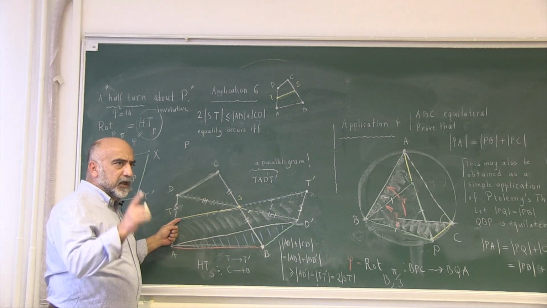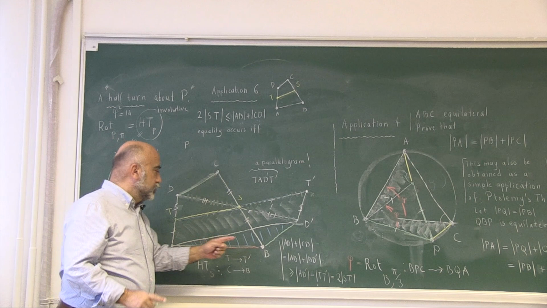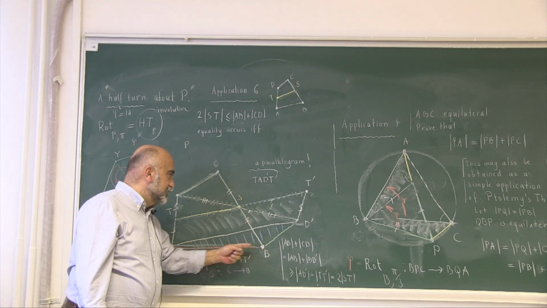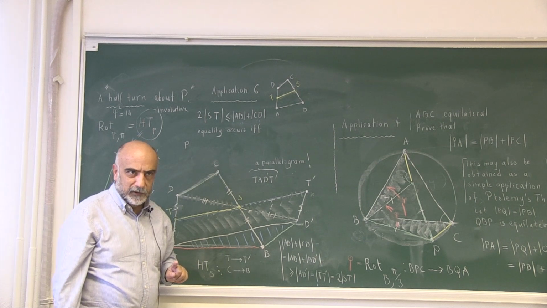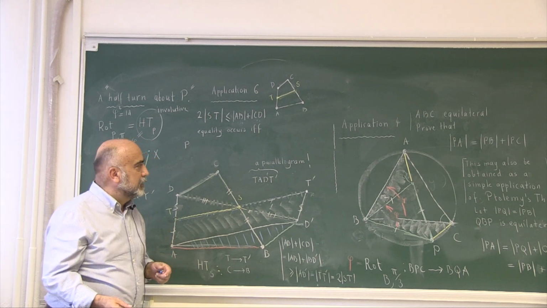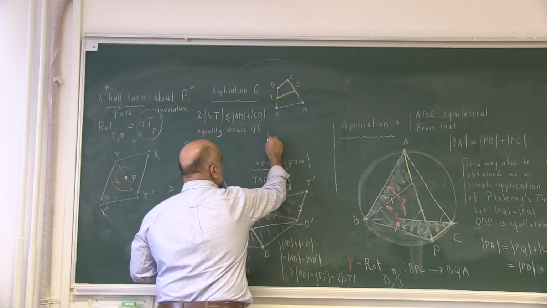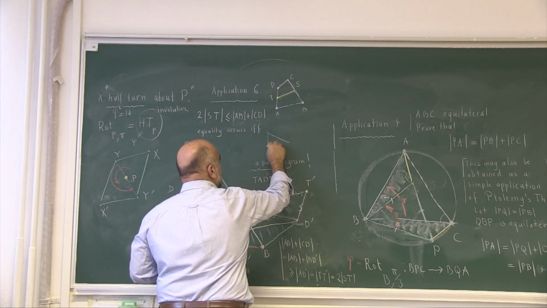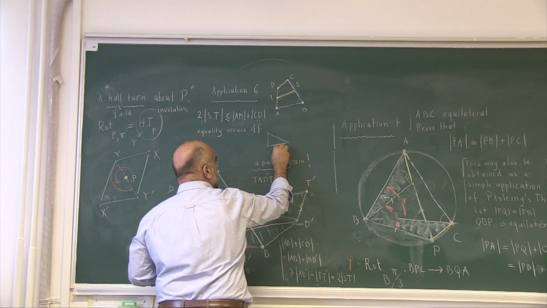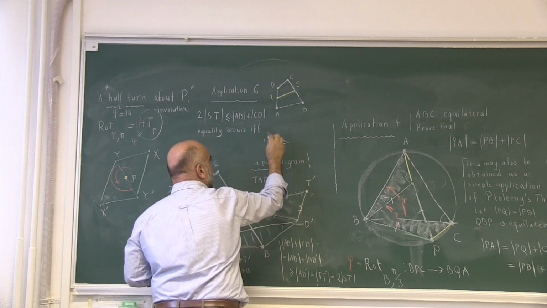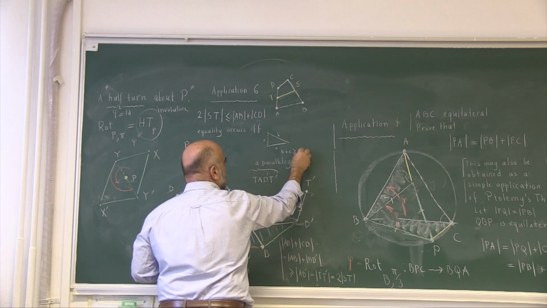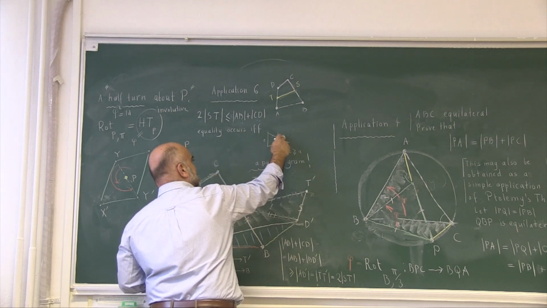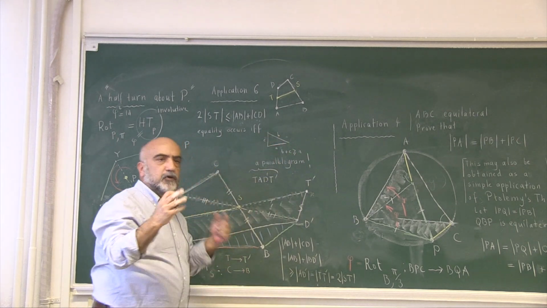This happens if and only if the triangle inequality in the triangle BAD prime reduces to an equality. When does that happen? When in a triangle, let's say A, B, C, the triangle inequality is that B plus C is always larger than A. When does B plus C become equal to A?